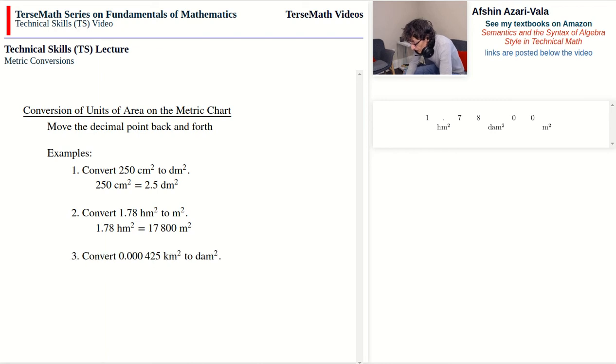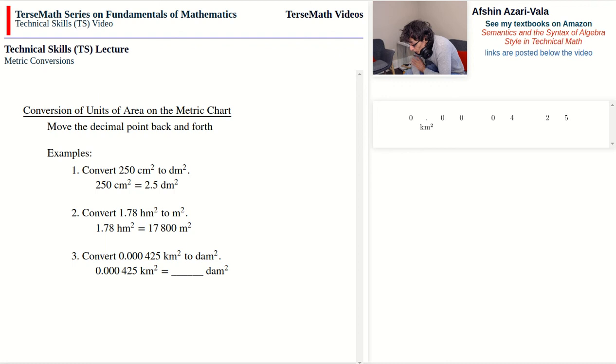And problem 3, we have 0.000425 square kilometers, and we want to convert the unit to square decameters. So the question is 0.000425 square kilometers is equal to how many square decameters? We write the number, and the given unit, square kilometer, will be associated with the decimal point.